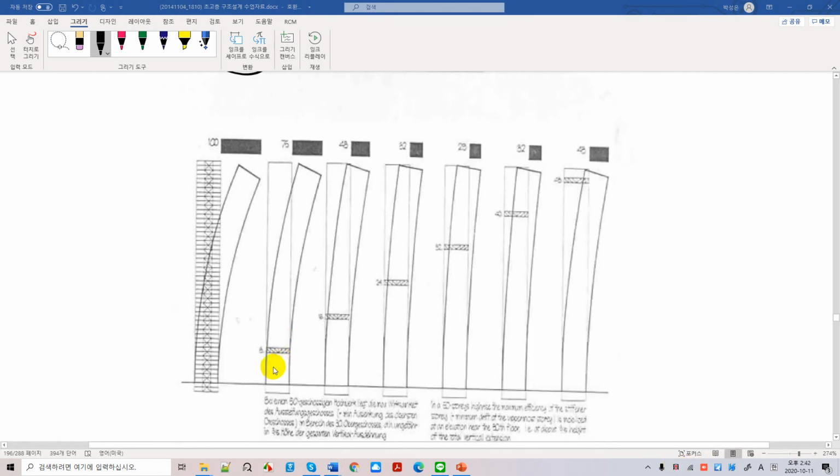This is a very nice illustration giving you an idea where the outrigger must be placed. I mean installed, right? So without any outrigger, first of all, what does this structural system look like?